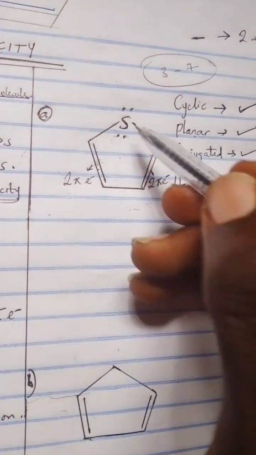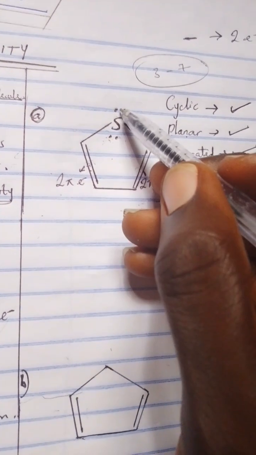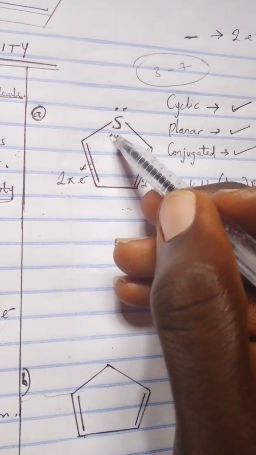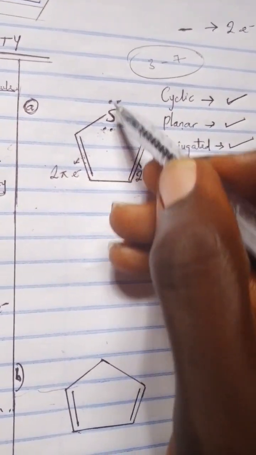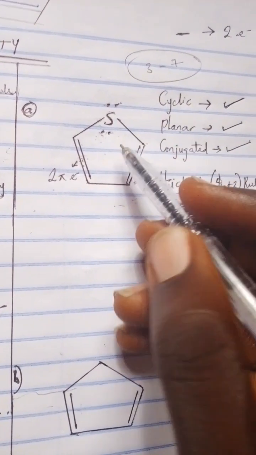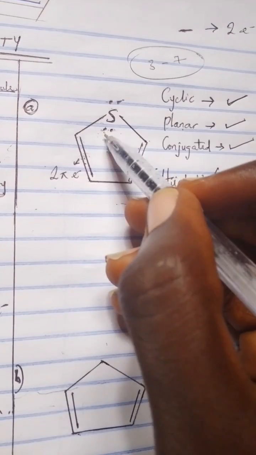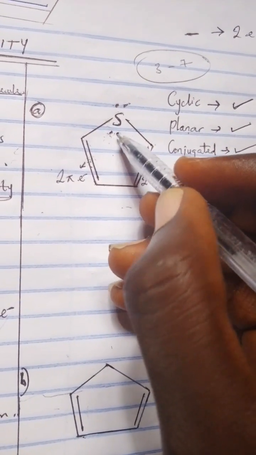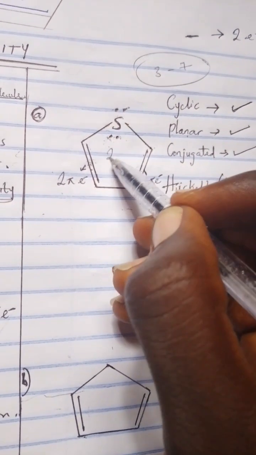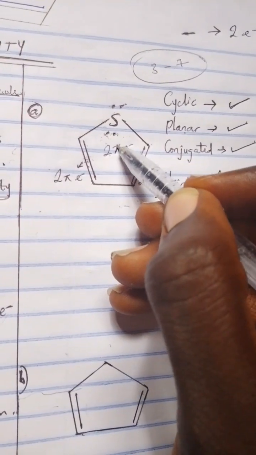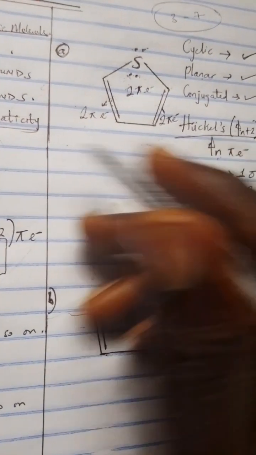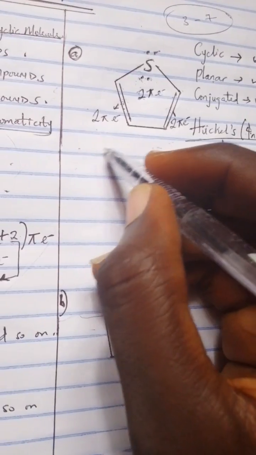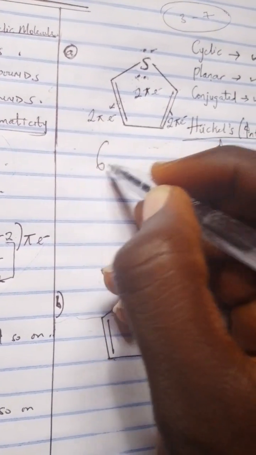Same goes to this point here. And here, we have a lone pair outside there, and a lone pair inside there. That is, we have 2 dots inside there and 2 dots outside there. Hence we are considering this one, that is, this one also will be 1 and 2. That's 2 pi electrons. That's just the basic understanding there. Hence, if you add them up, what is the number of pi electrons?